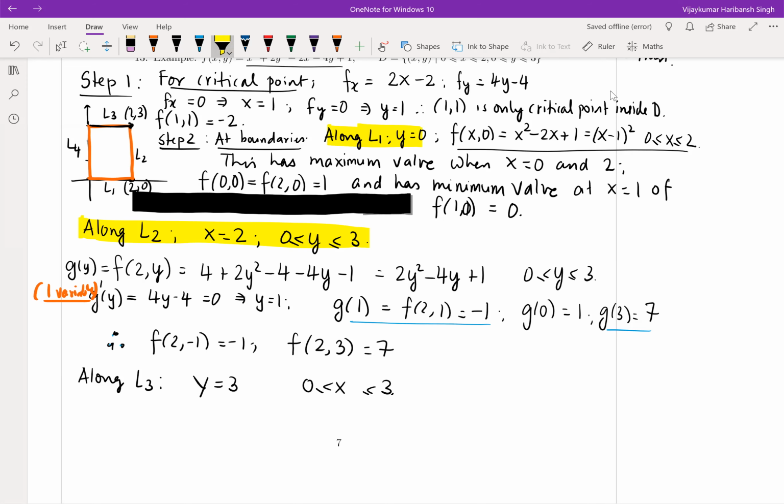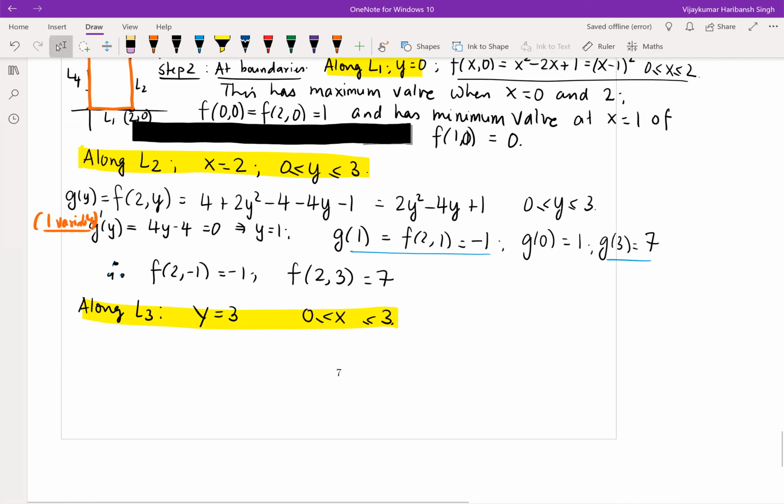So this is along L3. Then f of x, 3 is going to be x squared minus 2x plus 7.